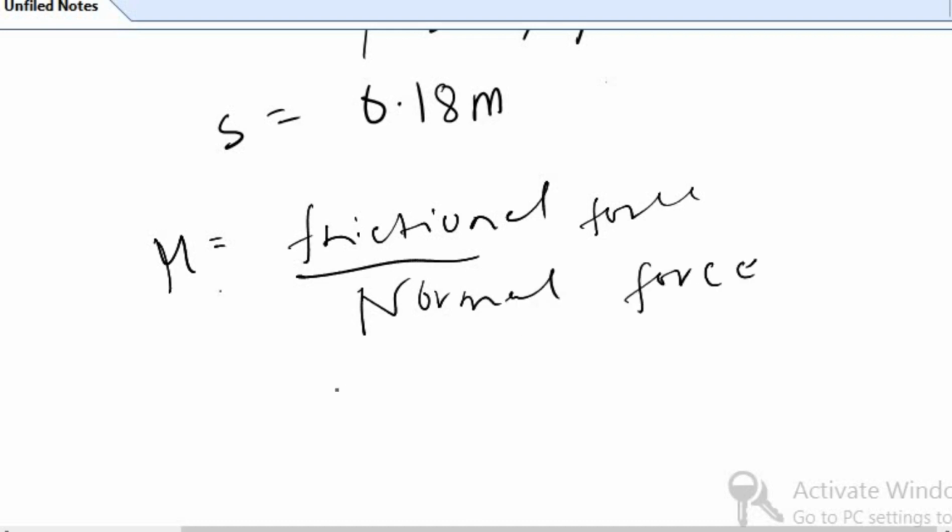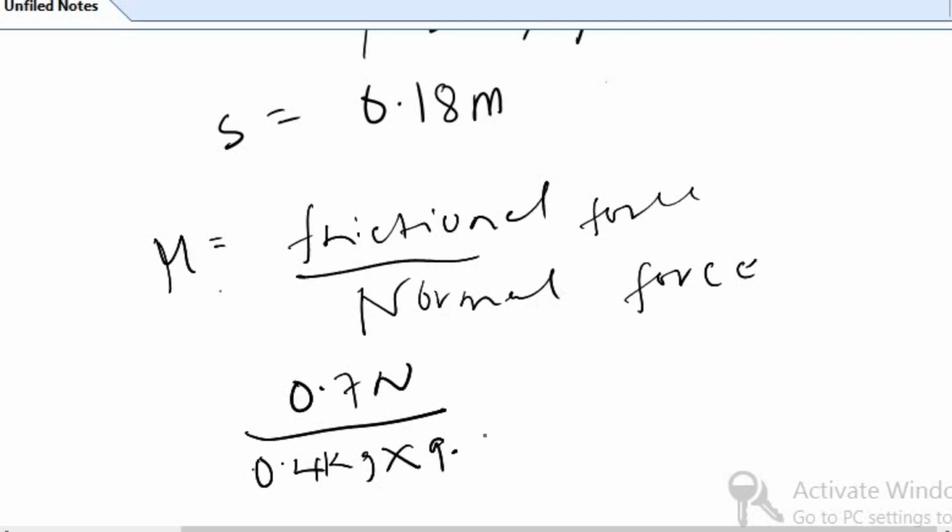We are already given frictional force as 0.7 newton, over normal force, which is mg. We already have the mass, which is 0.4 kilogram, multiplied by g, which is 9.8, the constant, and mu is equal to 0.18. This is the coefficient of friction.